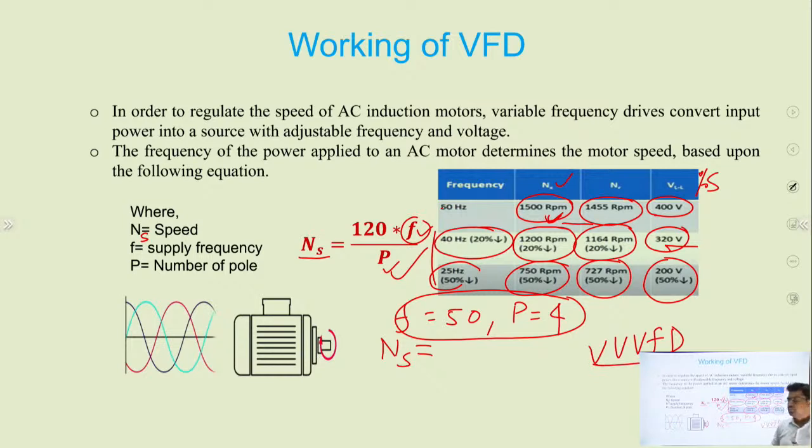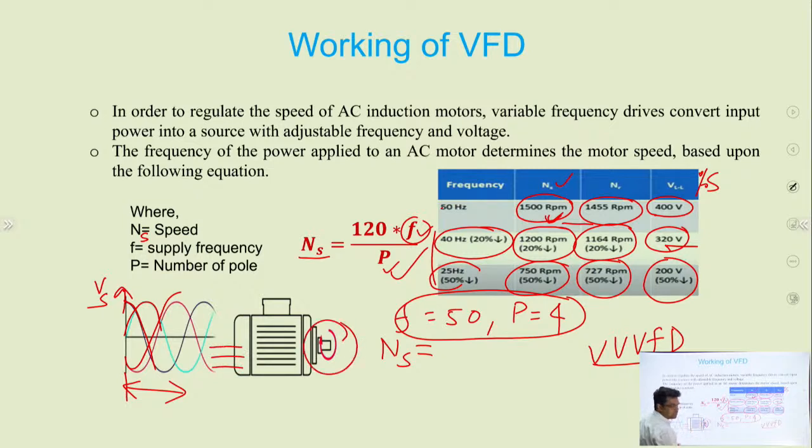There is another name. In all cases there is a supply voltage Vs, shown here for 3 phase, but we can take it for single phase also. The supply frequency can be varied, and as the varied frequency is fed to the motor, the rotor speed, that is the rotational speed, can also be controlled and varied.